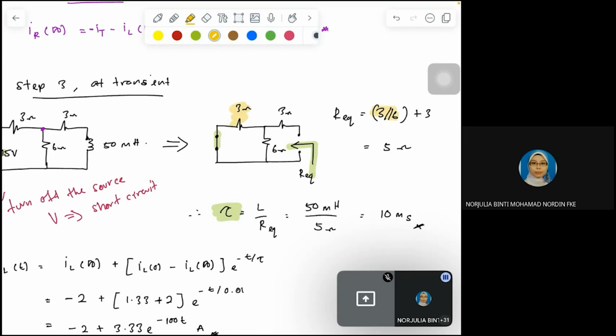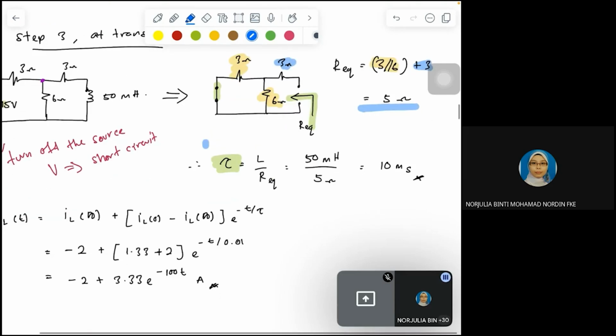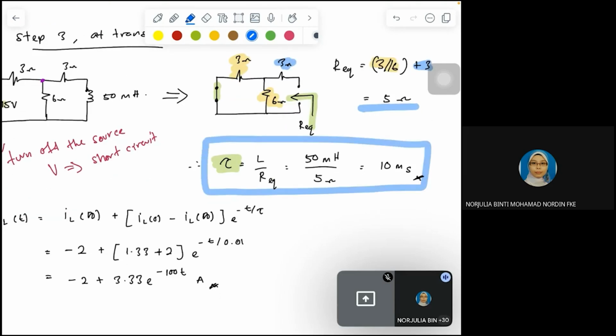You will get R equivalent equal to 5 ohms. After getting the R equivalent, you can straight away calculate your time constant, which is equal to 10 milliseconds.